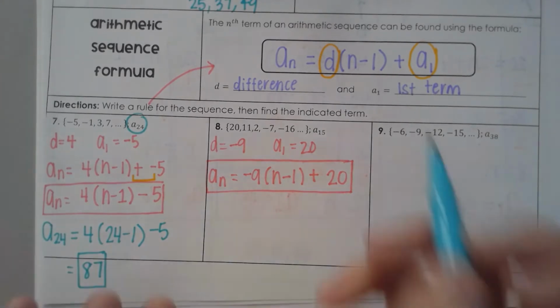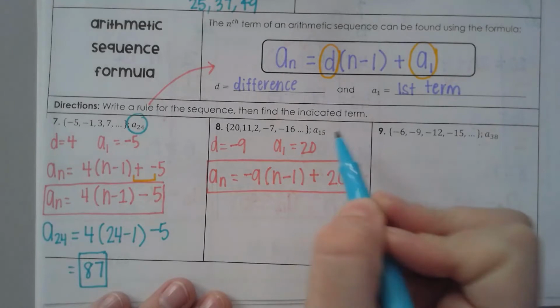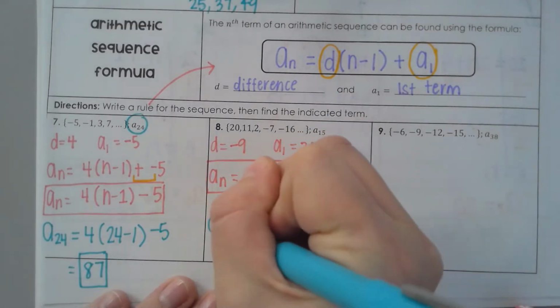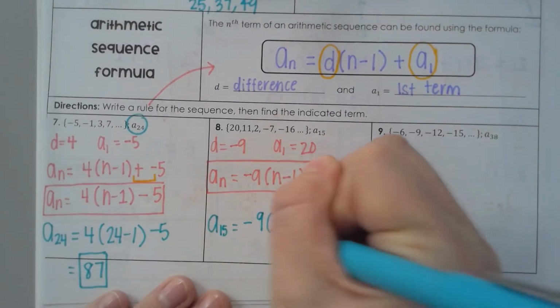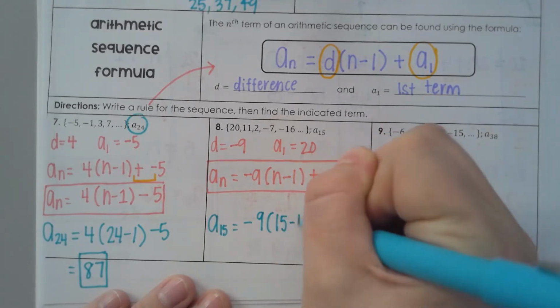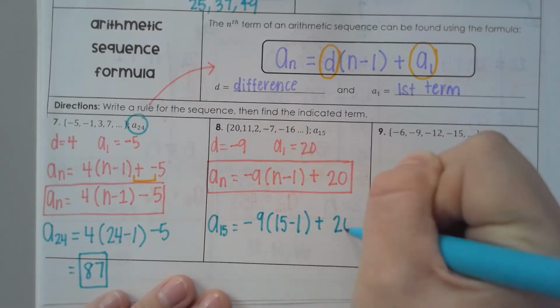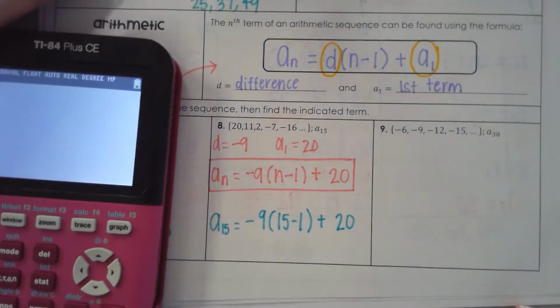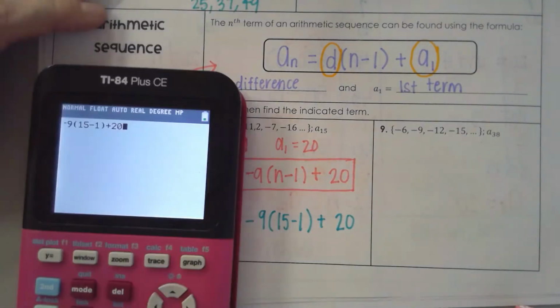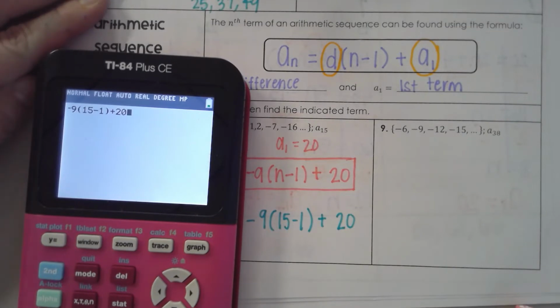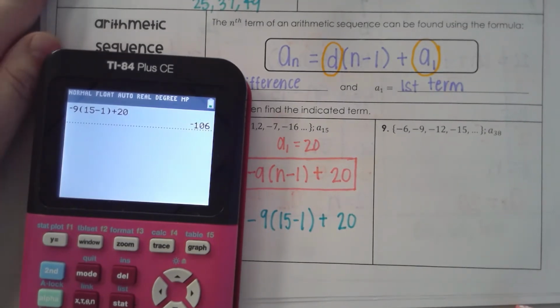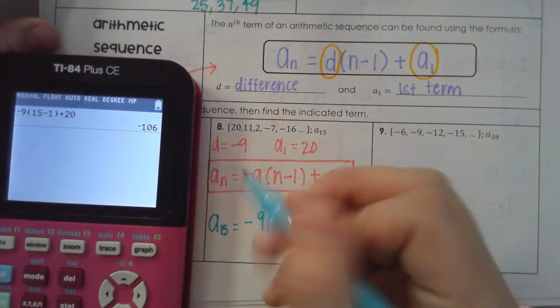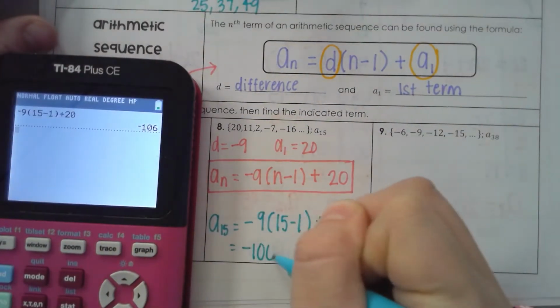And then my problem says to find the 15th term. Yep, we'd get negative 106.